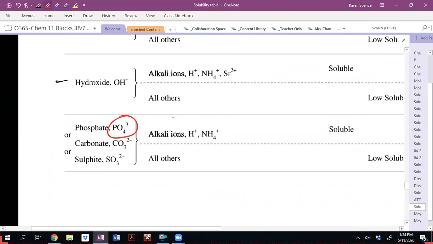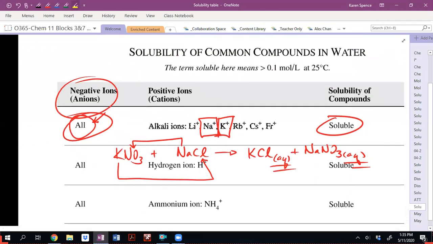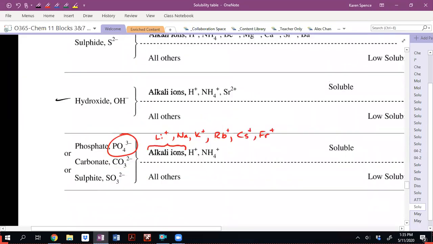And it is soluble with all of the alkali ions, which you might want to write in for yourself. Those are lithium, sodium, potassium, rubidium, cesium, and francium. How can you remember those? They are given to you at the very tippy top of the table. But you can write them in where it says alkali ions for yourself.